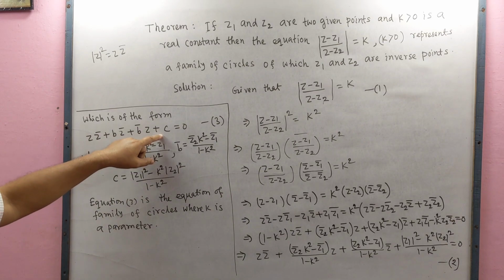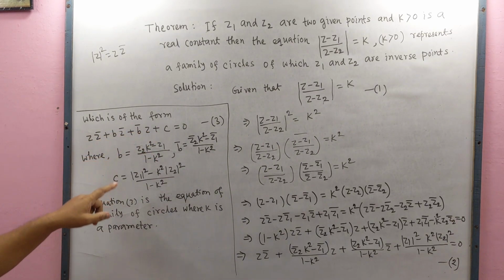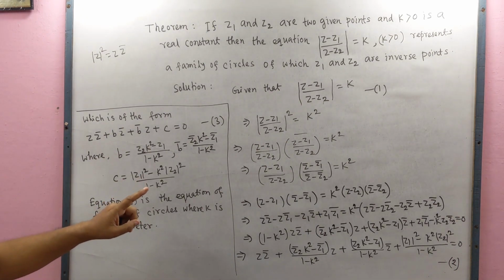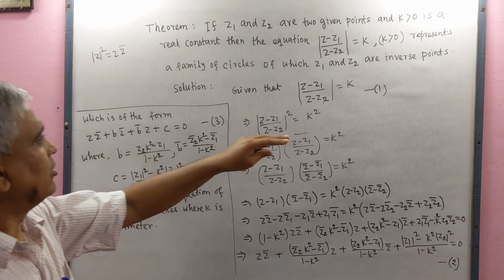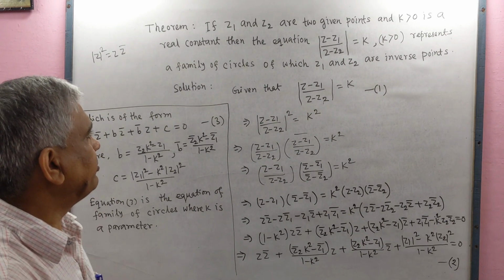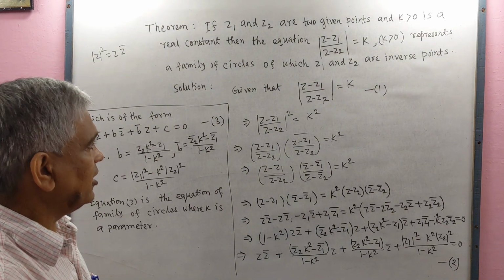Equation 3 represents an equation of the family of circles, as k is a parameter. So if the value of k changes, we get different circles. So the equation 1 represents a family of circles.